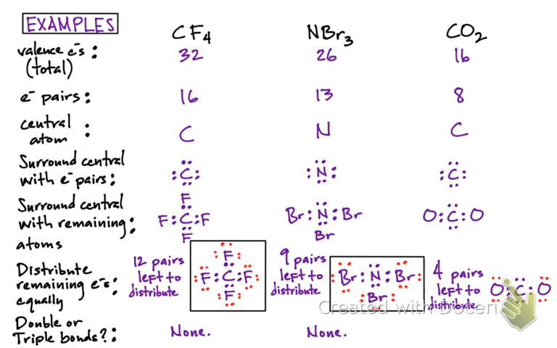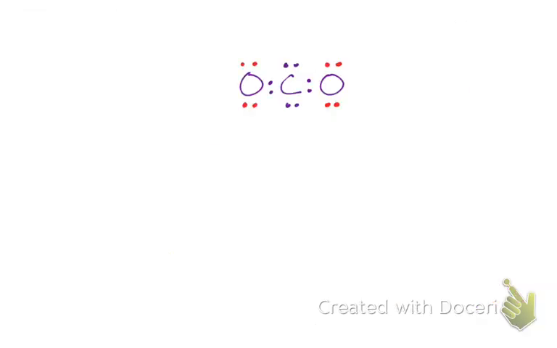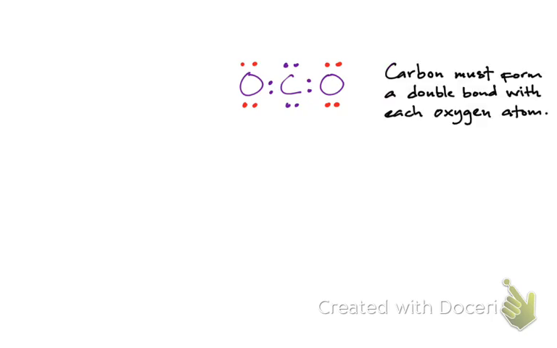Since the oxygen atoms don't have a complete octet, they would have to form multiple bonds. Here you can see that the carbon atom has a full octet, but the oxygen atoms don't. The non-bonding pairs from the carbon will become bonding pairs shared with the oxygen atoms. Carbon must form a double bond with each oxygen atom.